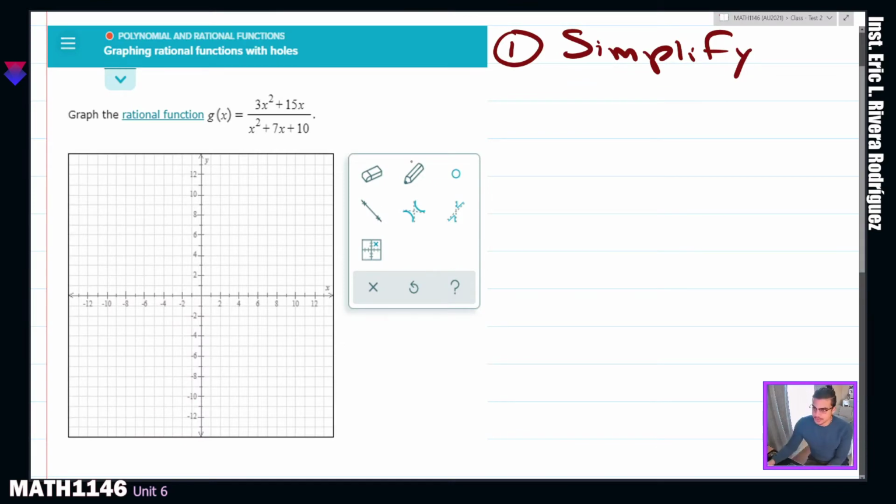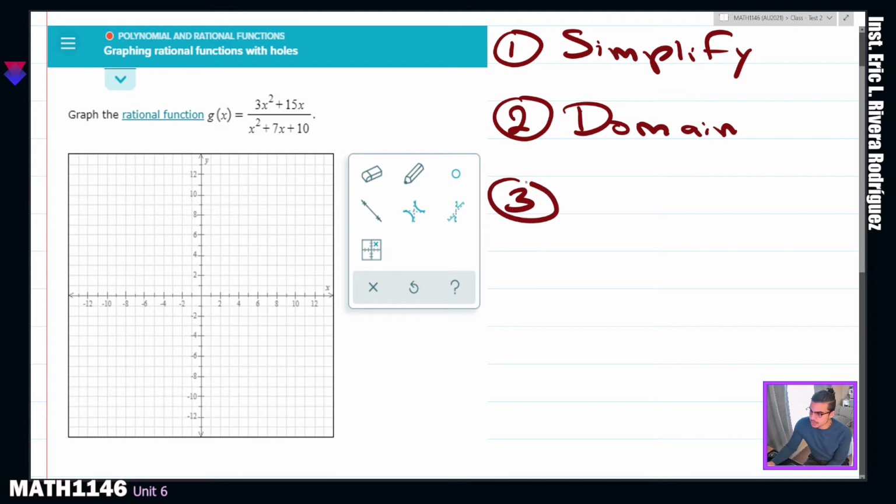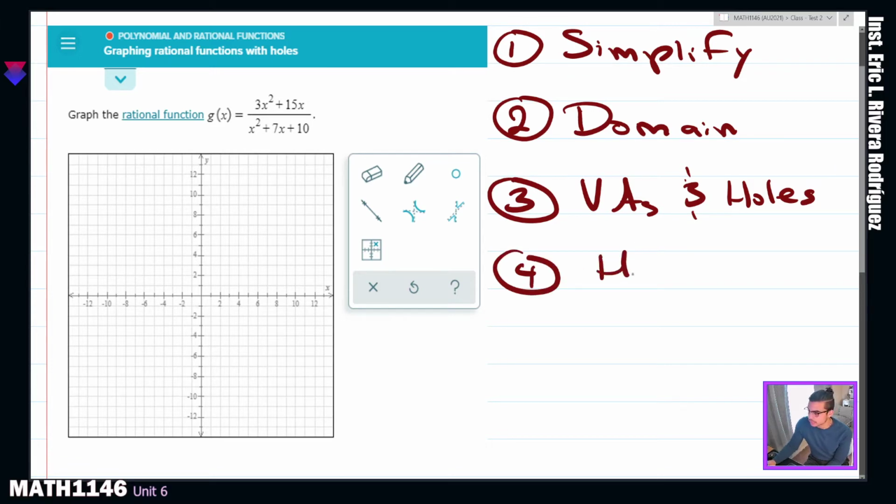Simplify the function, then domain. From the domain, we are going to be able to determine vertical asymptotes and holes. Then we are going to check for horizontal asymptotes or oblique asymptotes. Am I missing something?